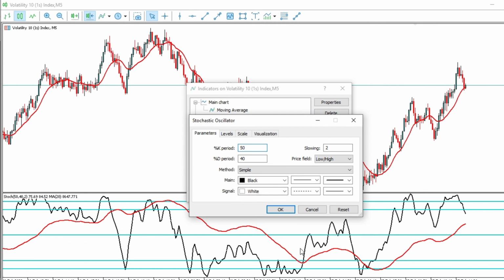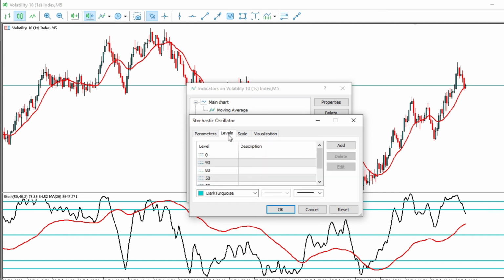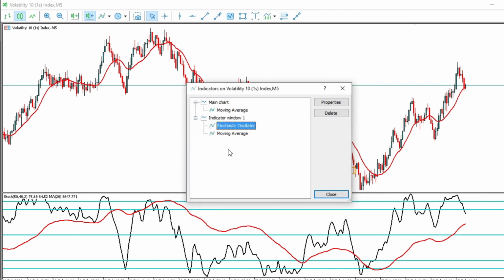You get it? So the other thing that we need from the stochastic are the levels. As I showed you, we have level 90, level 80, level 50, level 20, and level 10. These are the levels that we have. So then this one, the star, from the color of the lines, for me I chose that one. You can modify it to the color that you want.